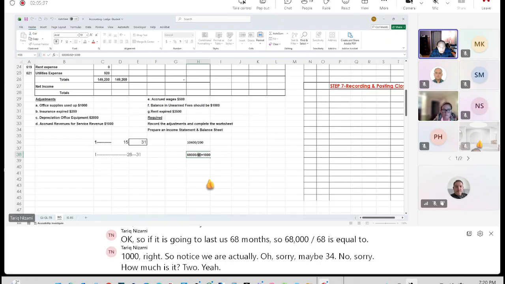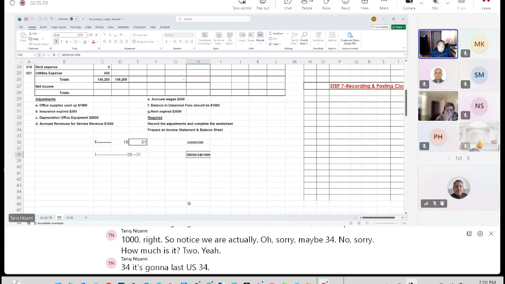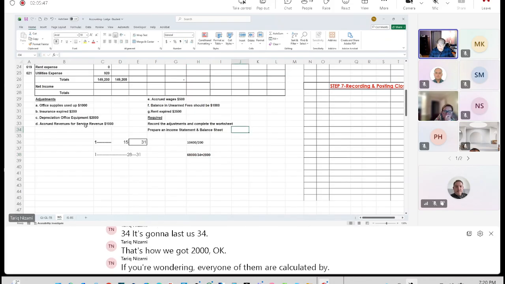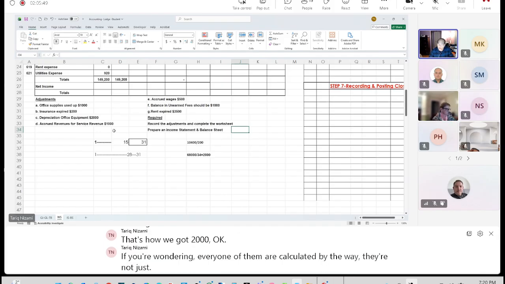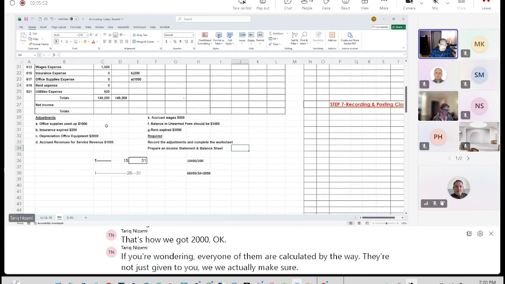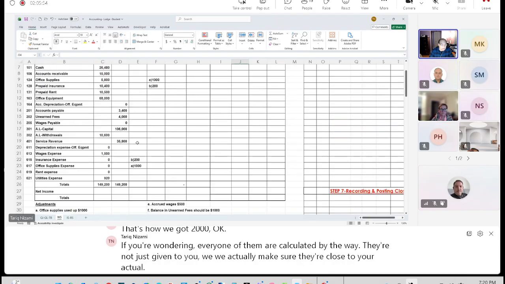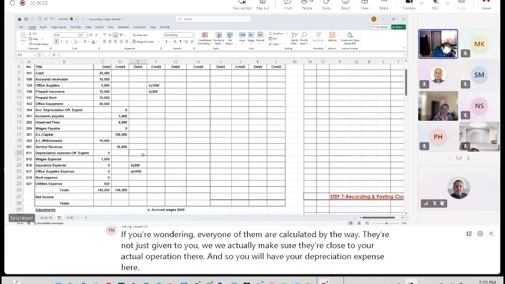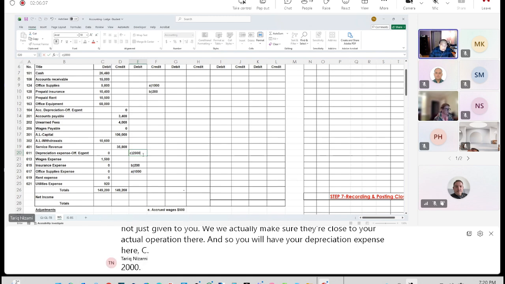It's going to last us 34 months. That's how we got 2,000, okay? If you're wondering, every one of them is calculated, by the way. They're not just given to you. We make sure they're close to your actual operation. And so you will have your depreciation expense here, debit 2,000, and accumulated depreciation credit 2,000.